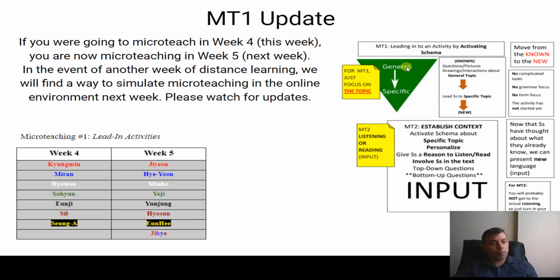You don't get to the new really in MT1, but the general to the specific. Okay, and you're going to use your pictures and images about the general topic to lead them kind of to the specific topic. So for example, if your specific topic was winter sports, then you might want to start with generally sports in general and personalizing and activating schema in that way.